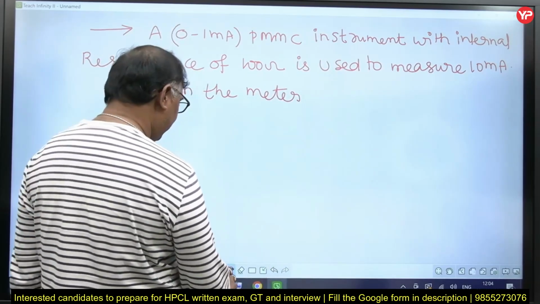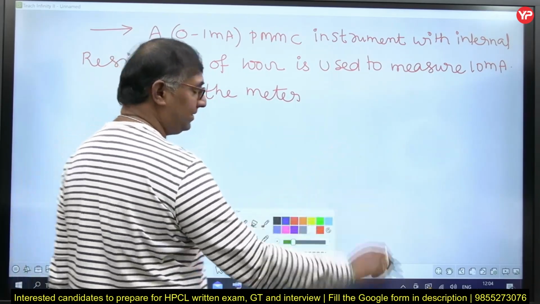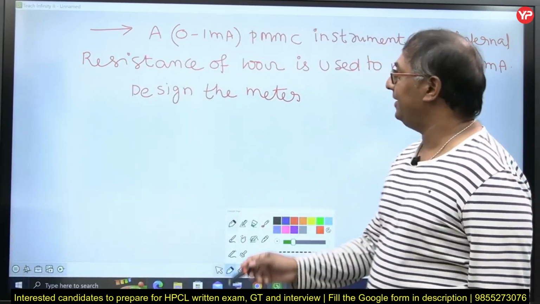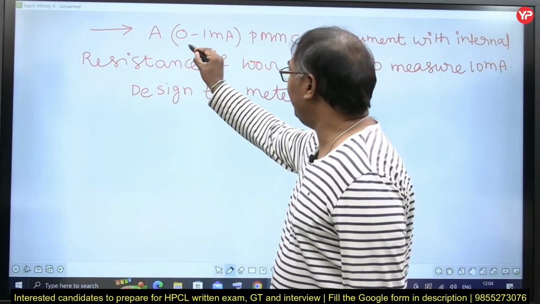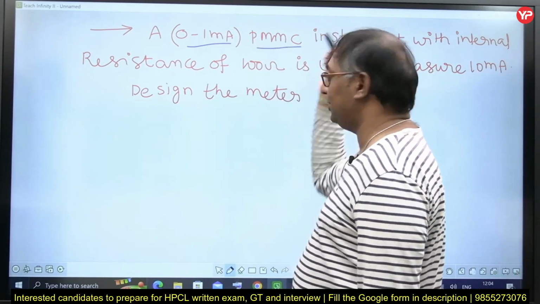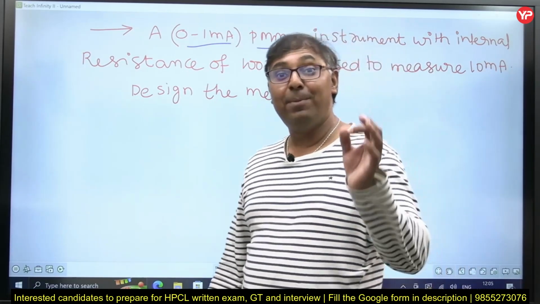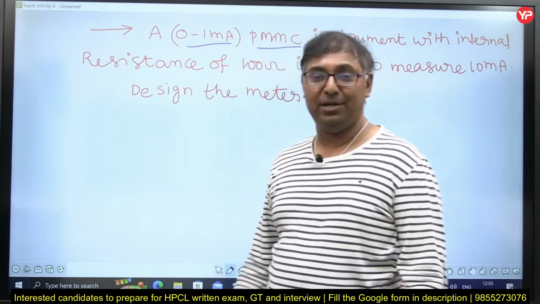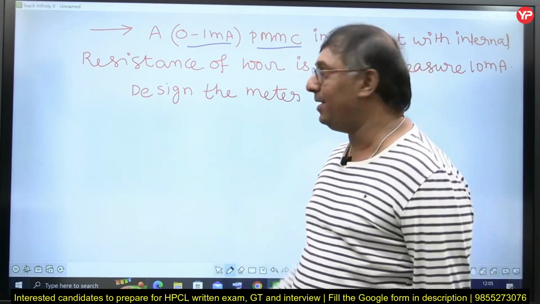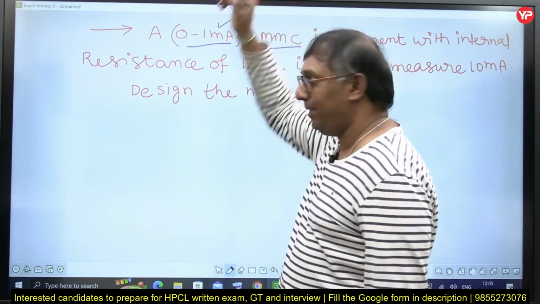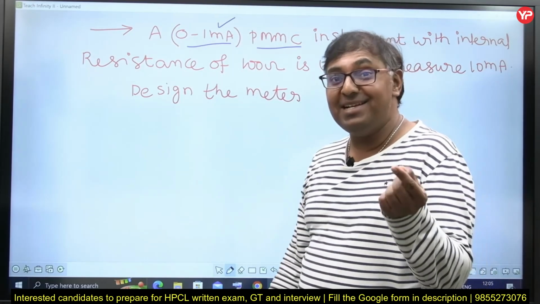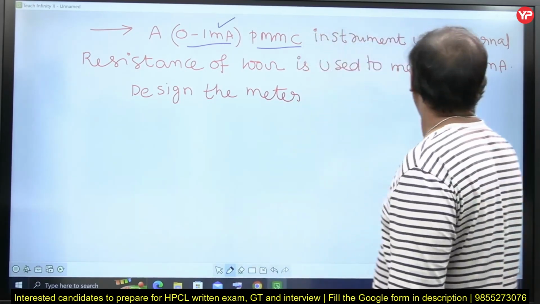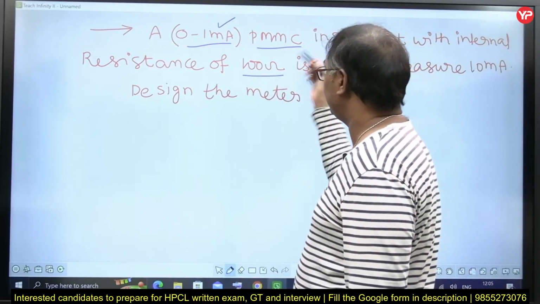Come on, guys. Please have a look at the data and tell me what is available here. A 0 to 1 milliampere PMMC instrument. What is PMMC? Permanent magnet moving coil instrument. What is the meter range? 1 milliampere. What is the internal resistance of the meter? 100 ohms.